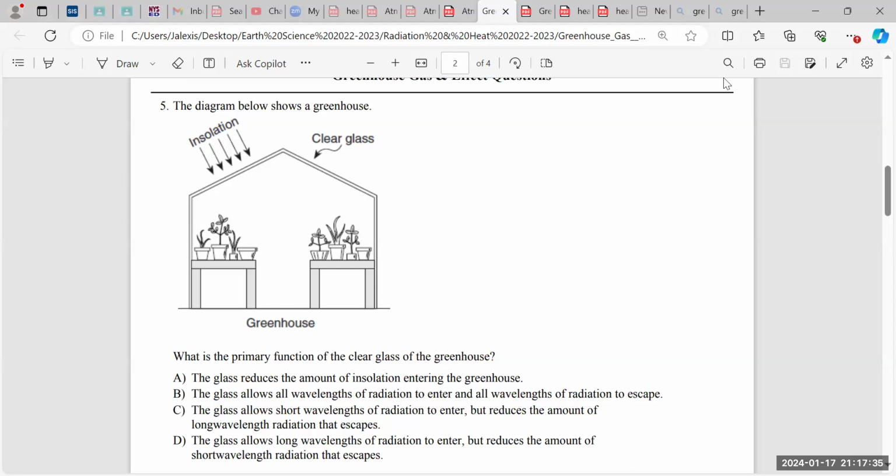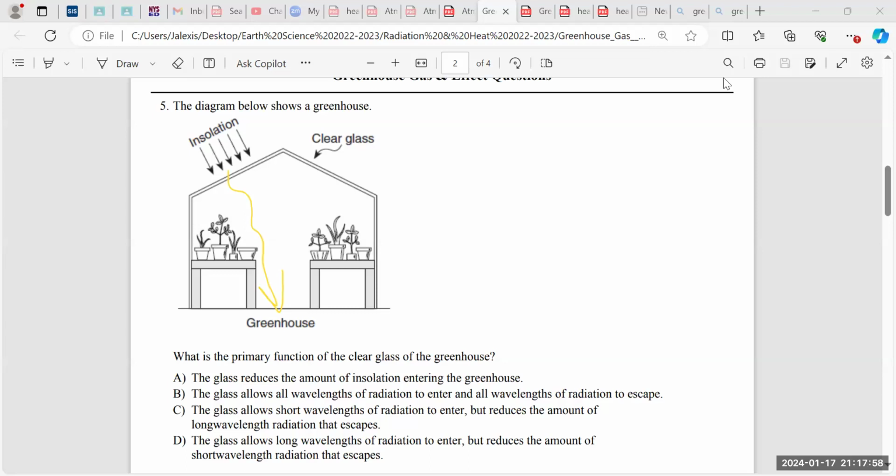Remember what was discussed before. We have visible light that passes through the greenhouse. It gets absorbed by the ground. Sunlight passes through and hits the ground.